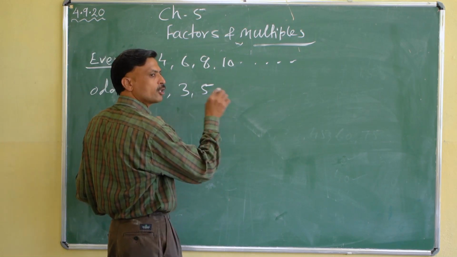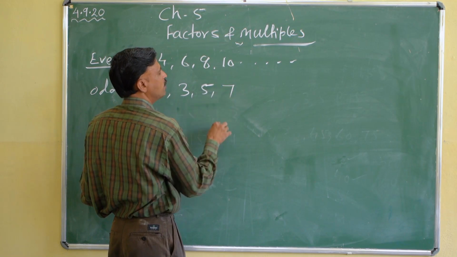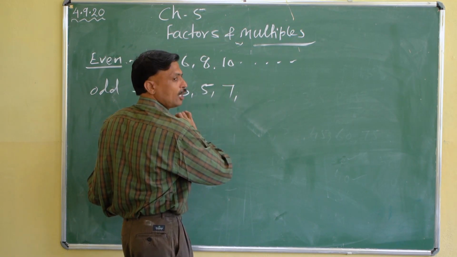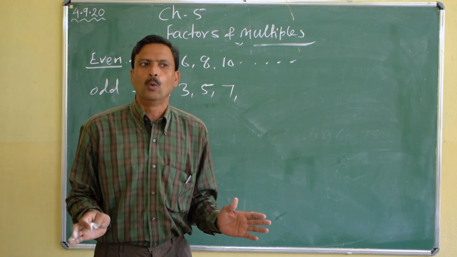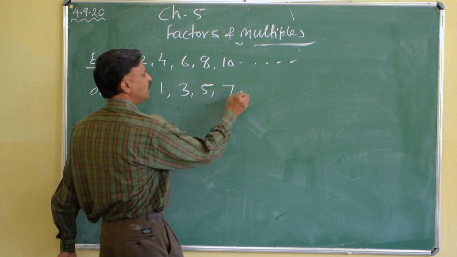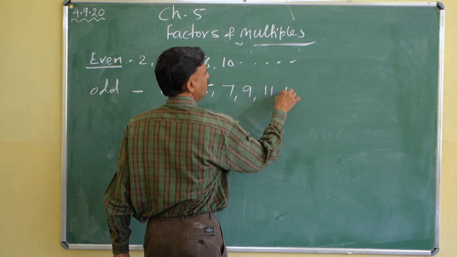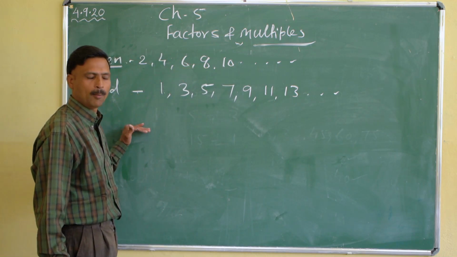After this, 6? No, because 6 is exactly divisible by 2. So 7 is an odd number. After 7, 8? Will 8 be an odd number? No, because 8 is exactly divisible by 2. So 9, 11, 13 will come. So these are the even and odd numbers.